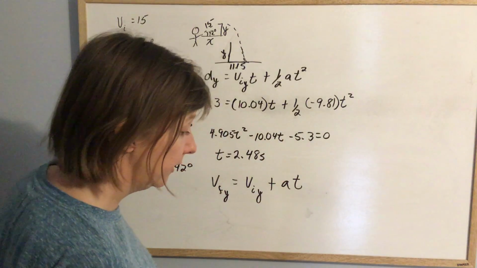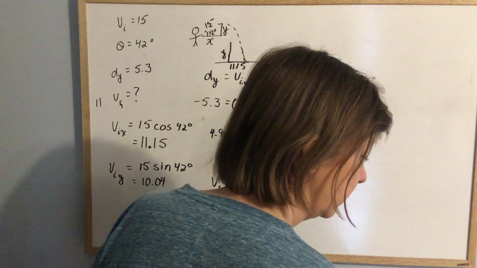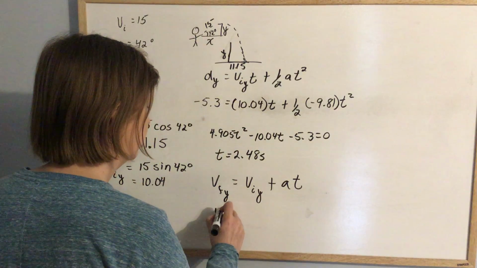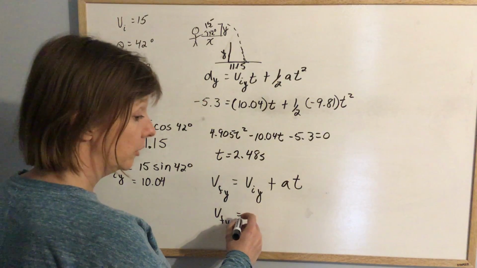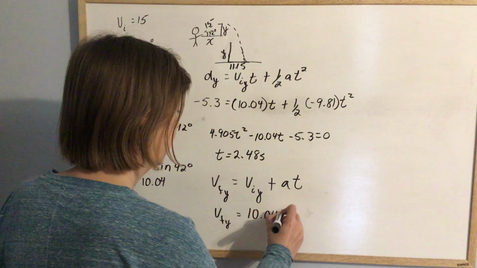So again, very important here that I think about signs. My final velocity is equal to my initial velocity, which would be 10.04, right?